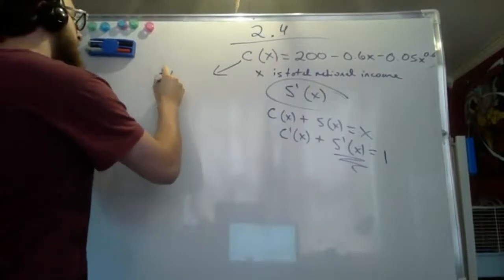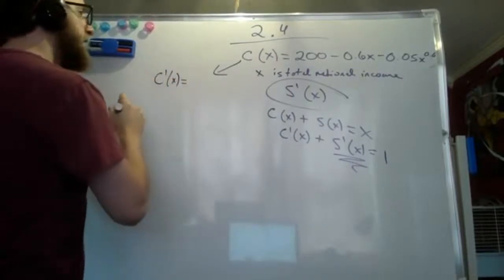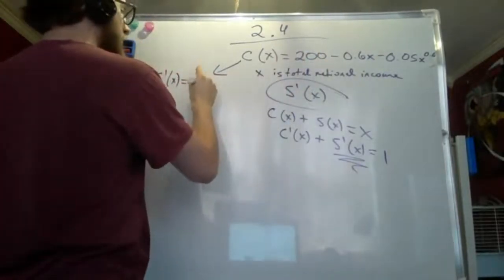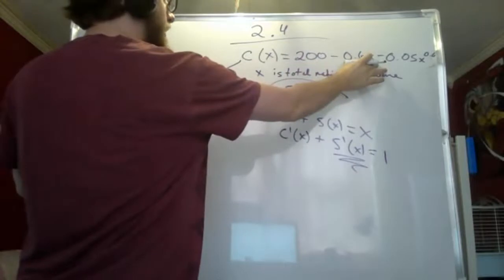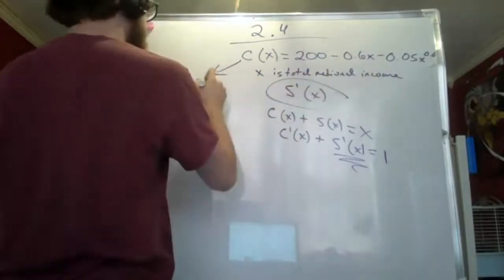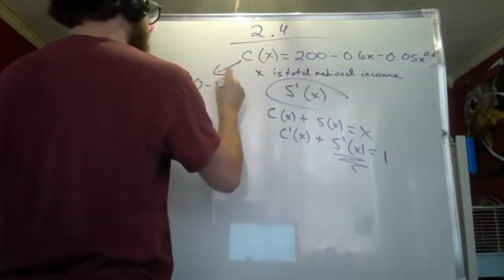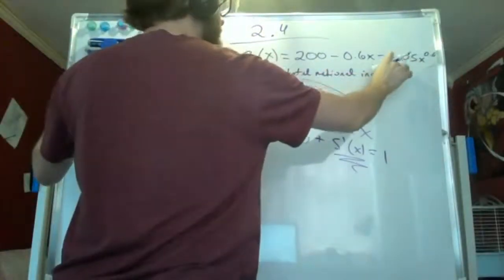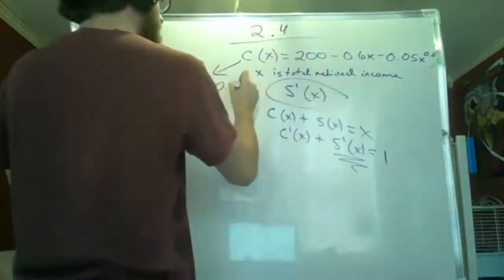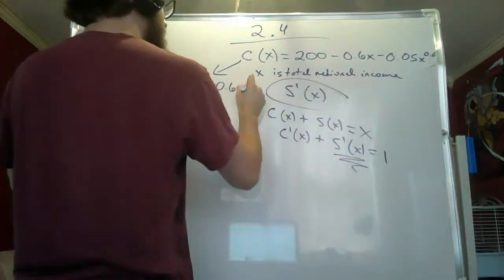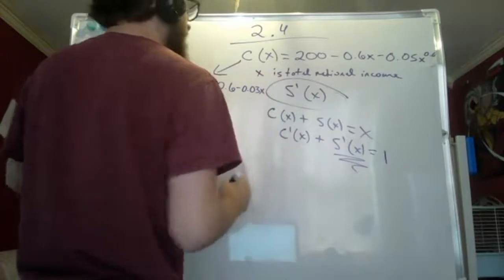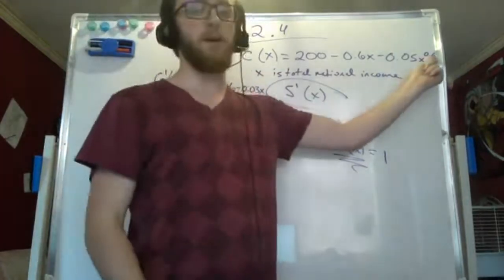We're going to say c prime of x is equal to, the derivative of a constant is 0. The derivative of negative 0.6x, that's going to leave us with negative 0.6. And then here we use the power rule. 0.6 times 0.05, that's going to be negative 0.03. x raised to the power decreases by 1.